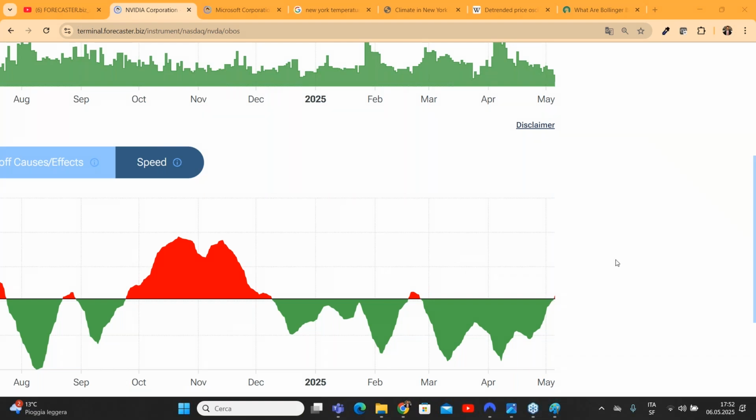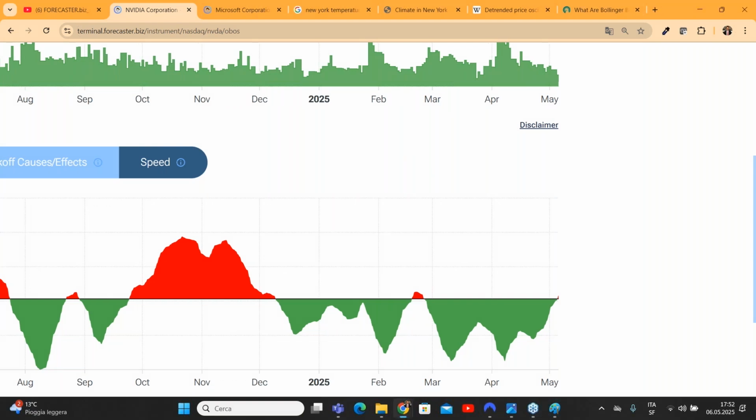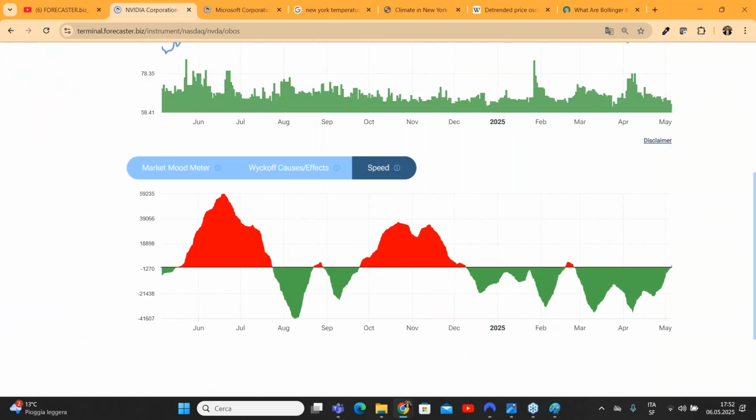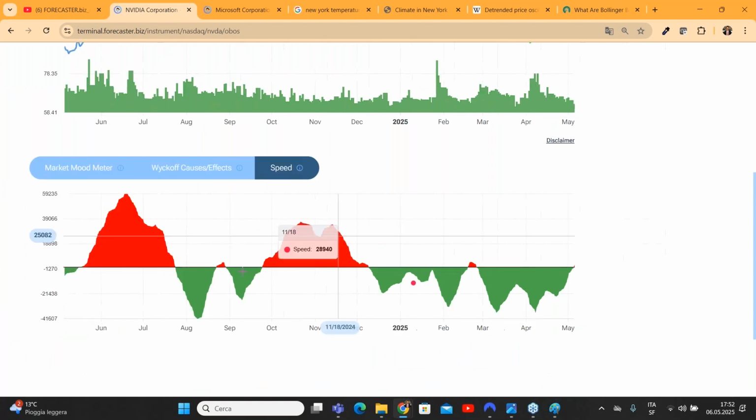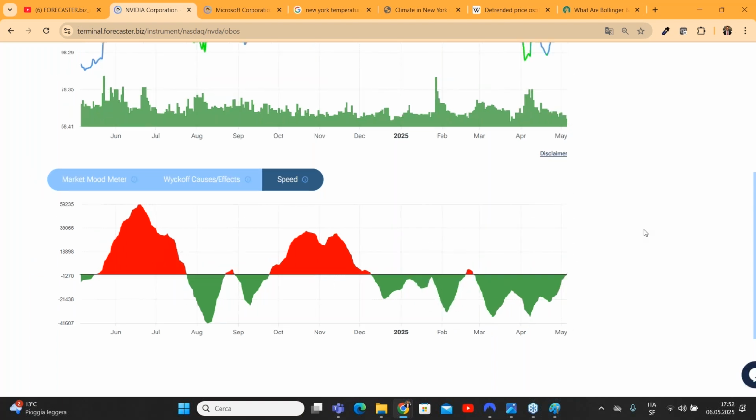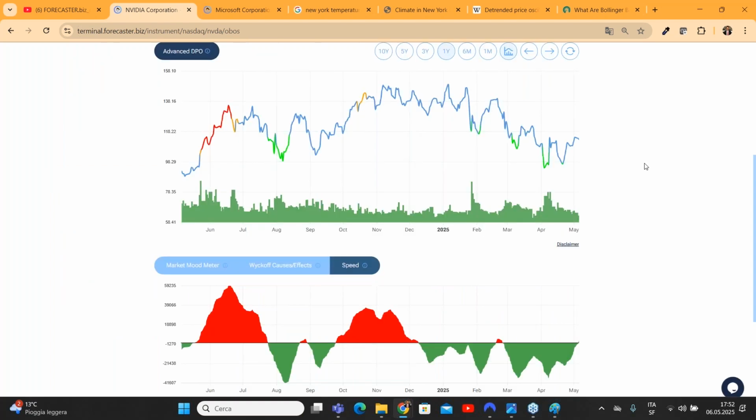Very simple, as you can see. This is exactly the zero line, okay? And this is where you have the confirmation that the trend has changed, okay?